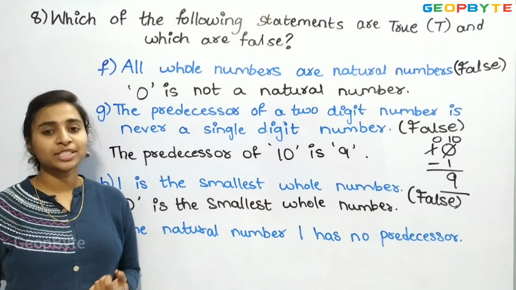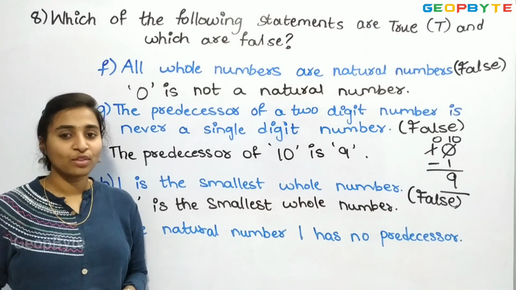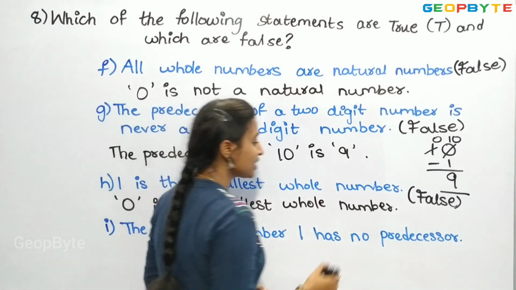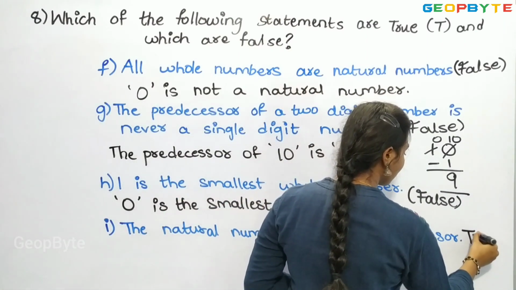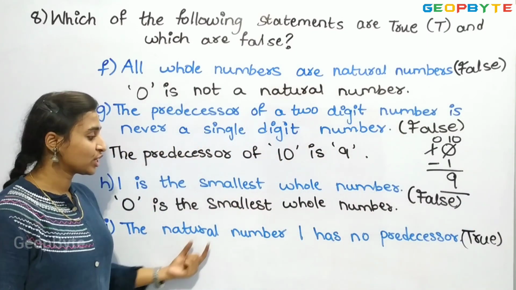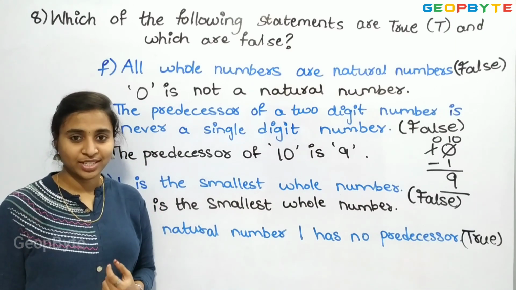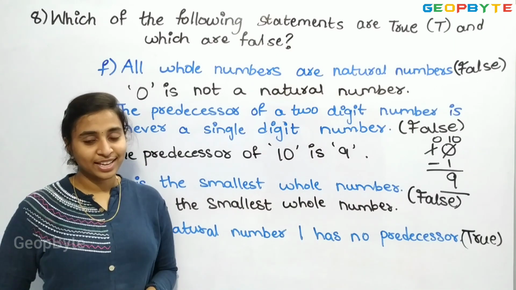Yes, natural number starts with 1 itself. Then where will be the predecessor of 1? So, this is true. Right? The natural number 1 has no predecessor as the natural numbers are starting with 1 itself.